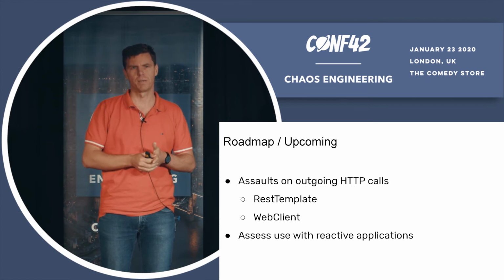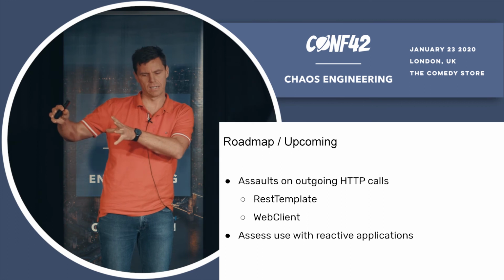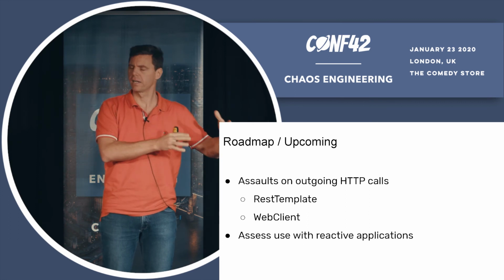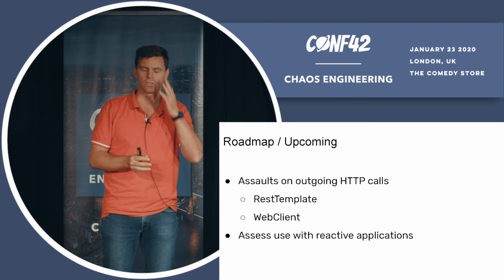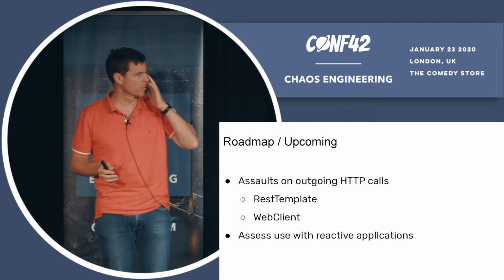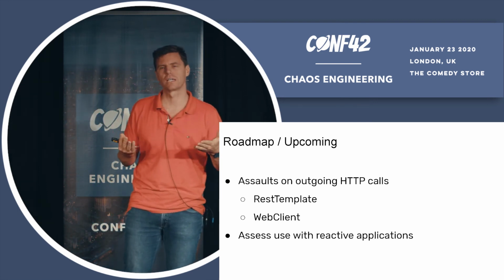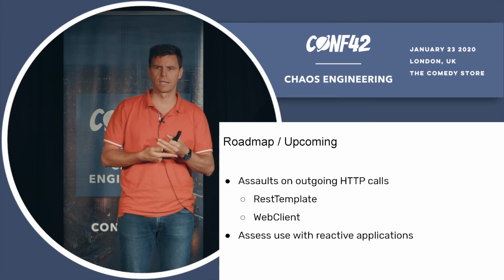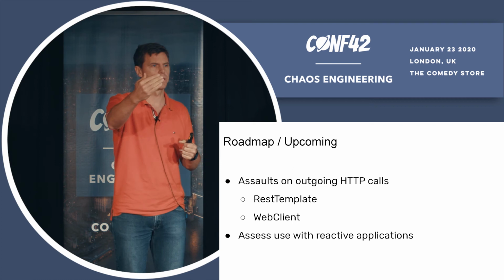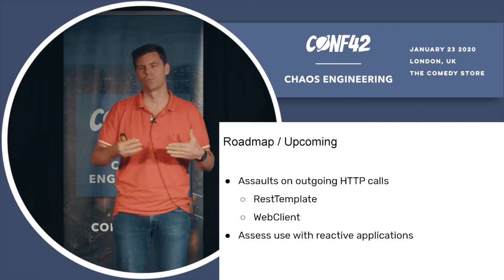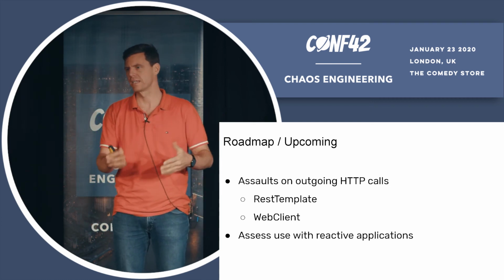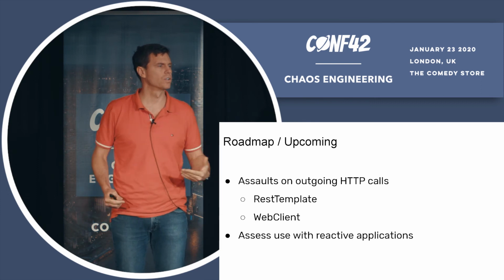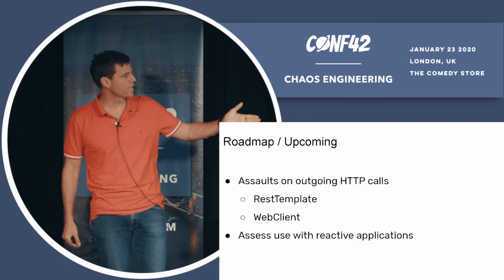Often you'll be attacking a system which is a backend for a client, and you want to see how that client reacts. So we thought about outgoing HTTP calls. In Spring, you use RestTemplate or WebClient, the two classes Spring gives you to make outgoing HTTP calls. We want to attack those calls going out over the network and introduce latency or problems onto them.